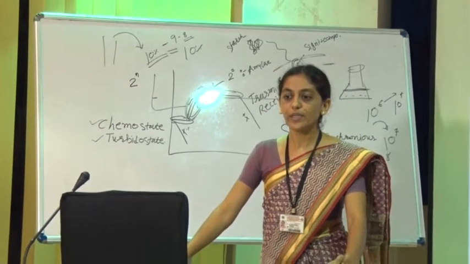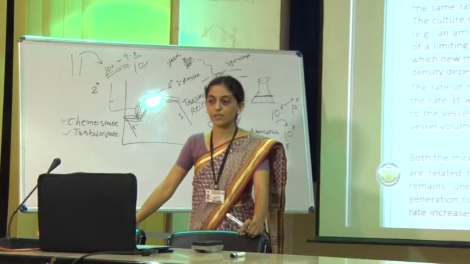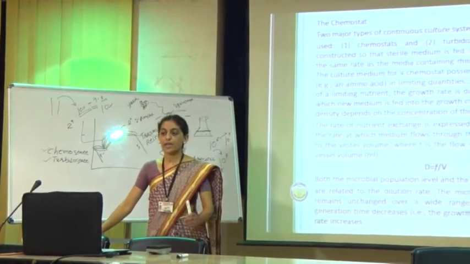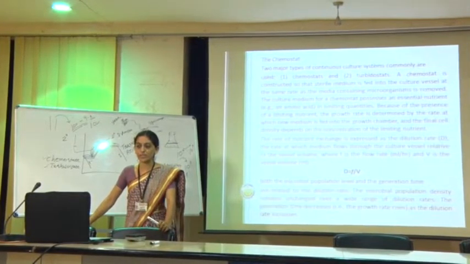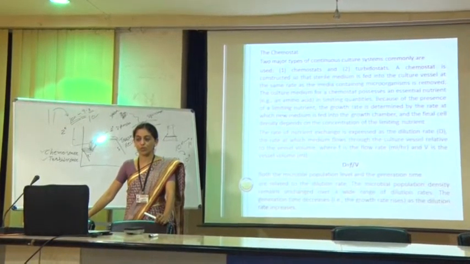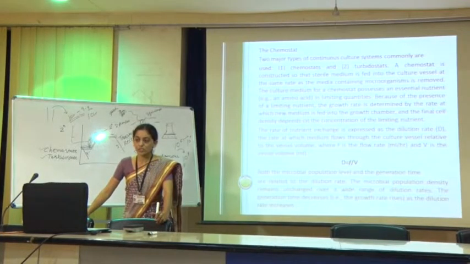The rate of nutrient exchange is expressed as the dilution rate D, the rate at which the medium flows through the culture vessel relative to the vessel volume, where F is the flow rate.